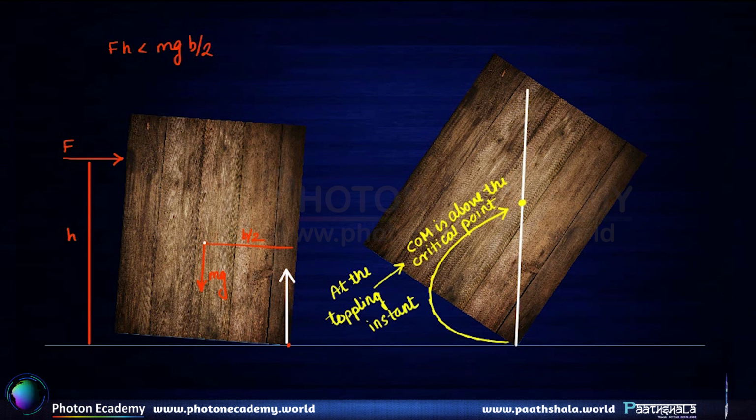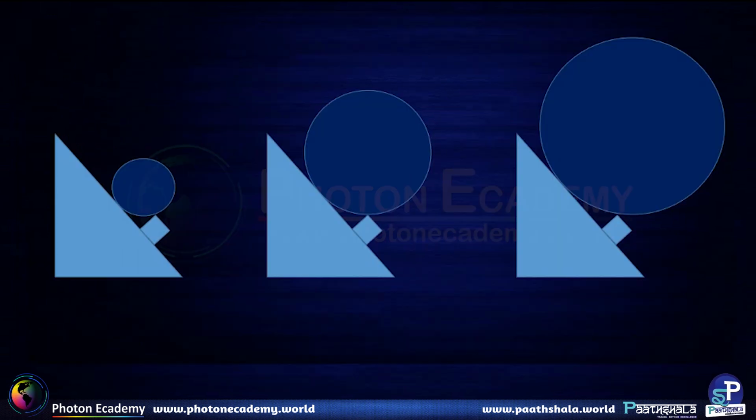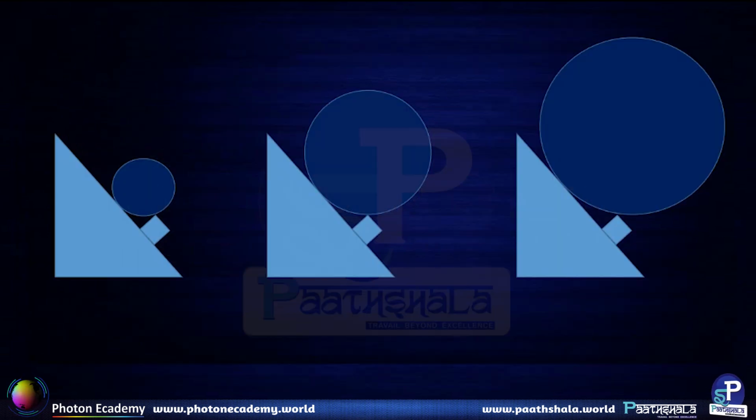This is something very important to understand. Now based upon this phenomenon, we can analyze the situation that has been shown over here.